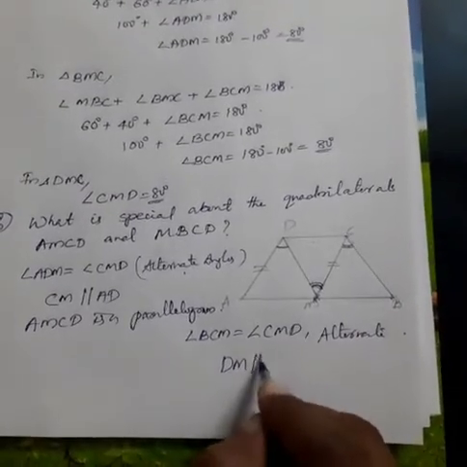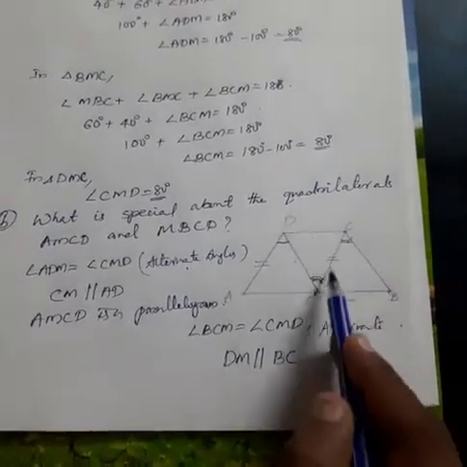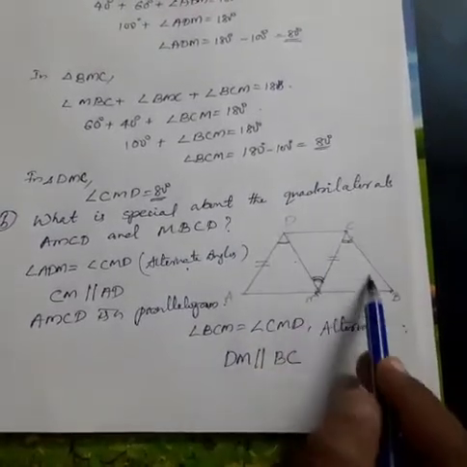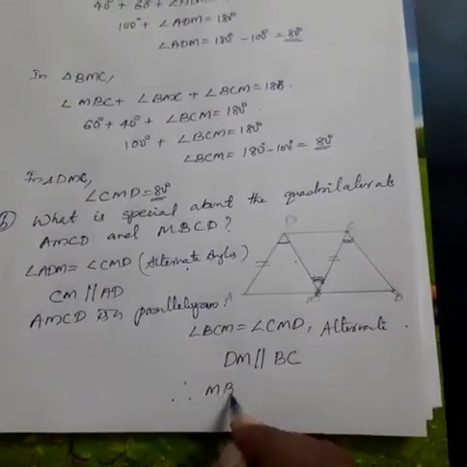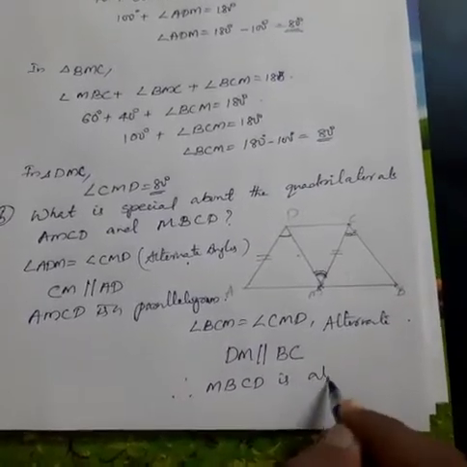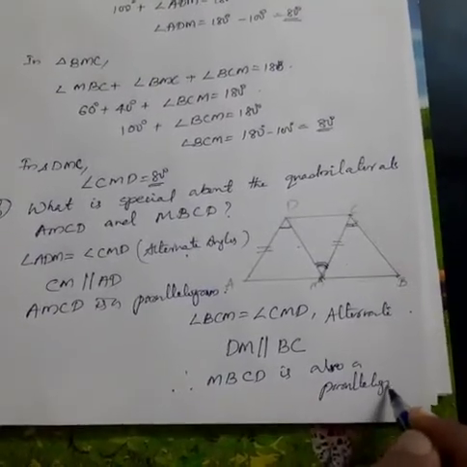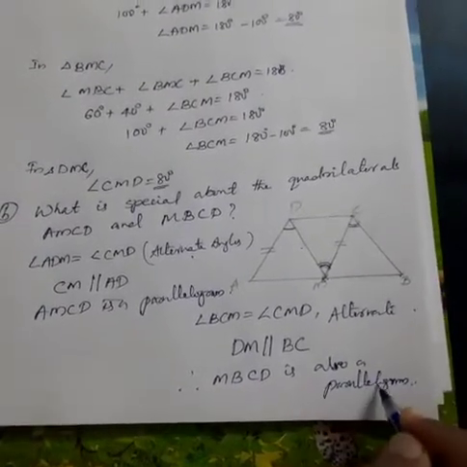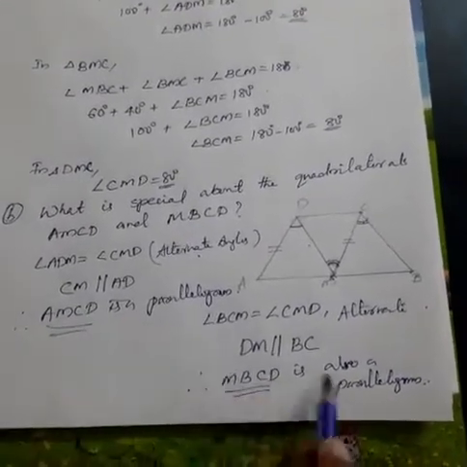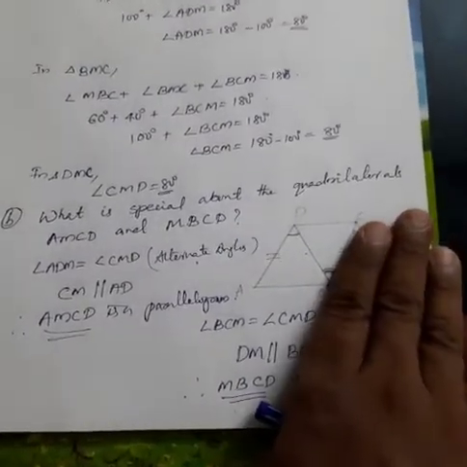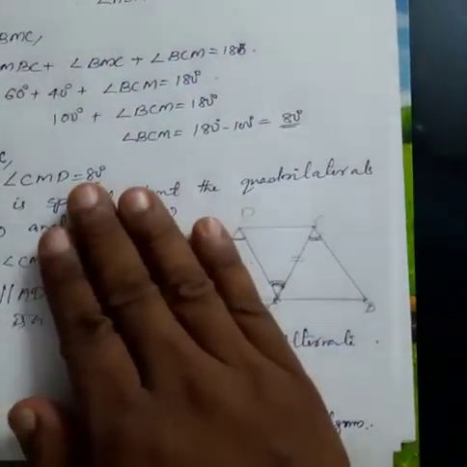So DM parallel to BC. So if these two are parallel, these are the alternate angles. This quadrilateral is a parallelogram. So therefore MBCD is also a parallelogram. So these are the speciality of these two quadrilaterals. Both are parallelograms. You can see here, this is the first parallelogram. This is the second parallelogram.